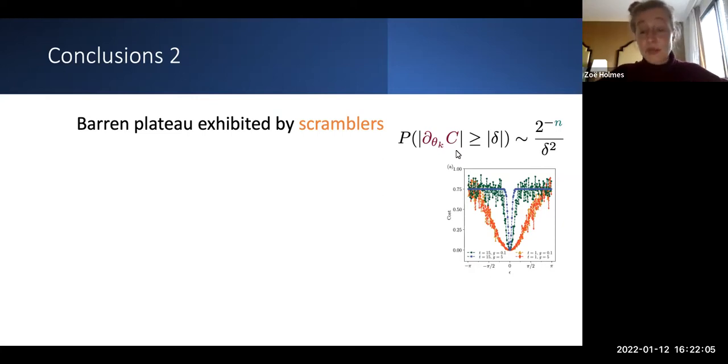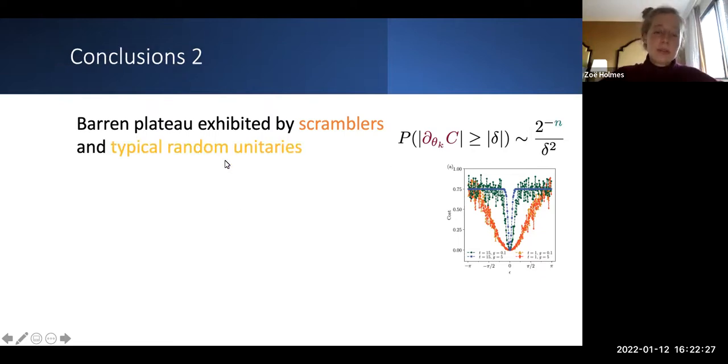Okay, so in summary, we've proven that barren plateaus will be exhibited by scramblers, and that is for any cost function, local or global, you use to try and learn a scrambling unitary. For any choice of ansatz, the typical partial derivative of your cost vanishes exponentially with the size of your problem.